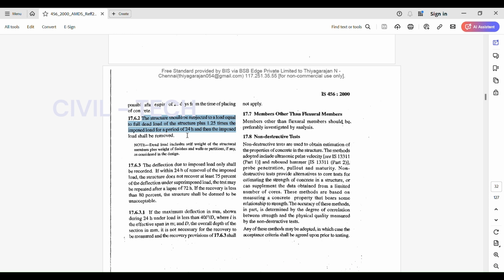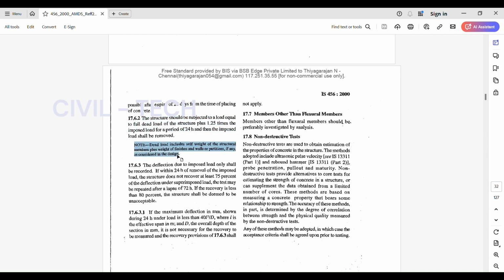This is the condition. For example, we have taken a 10 meter by 3 meter slab, and we need to calculate the full dead load and 1.25 times the imposed load. So we need to put the loads as sandbags or solid blocks. These are the items to be used for the loads.